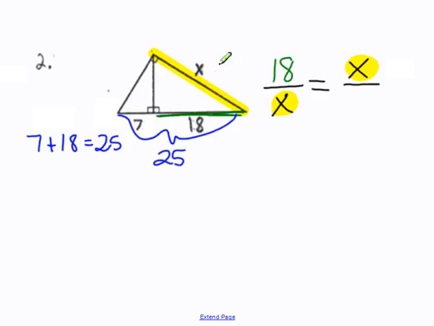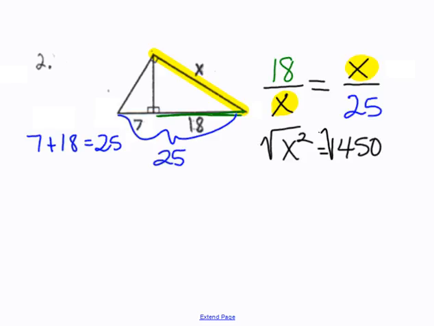And then the whole hypotenuse, which is 25. So that's going to work out to x squared equals 450. So I square root this. I get x equals about 21.2.